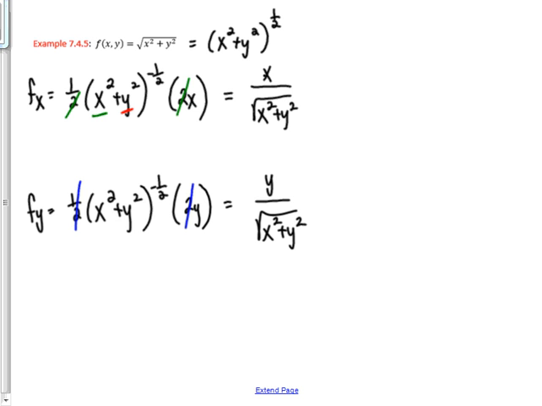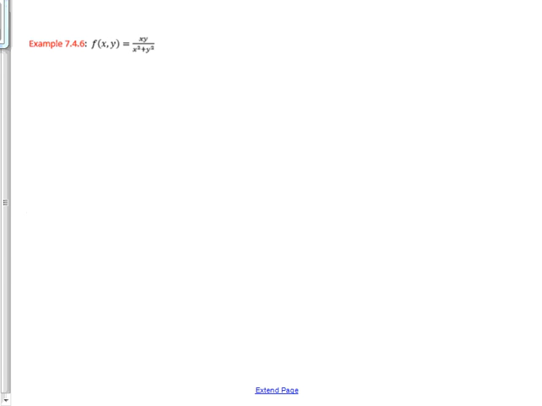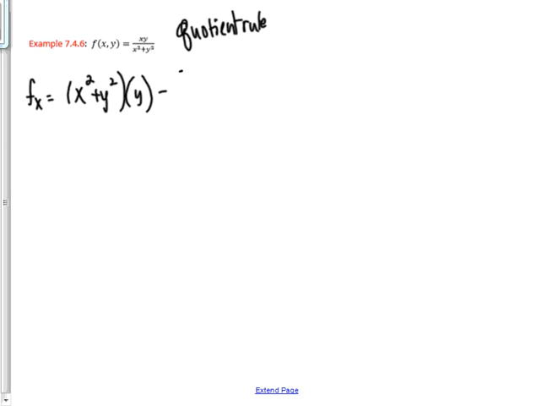Alright, so let's see what's next. Now I have x over x and y over y, so this is going to be your quotient rule. So let's do fx. It would be low d high. The derivative of the top with respect to x is just y, minus high d low.